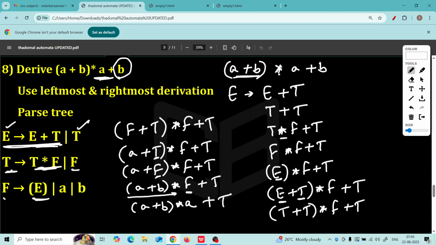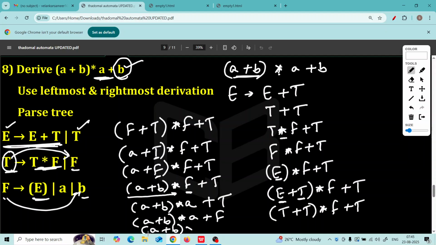That means only B has to be generated, and you have to reach B from T. So T gives F, F gives B. So A plus B into A plus F, and finally A plus B into A plus B. This is the string we wanted using leftmost derivation. So these steps we will have to write, starting from here and going here.